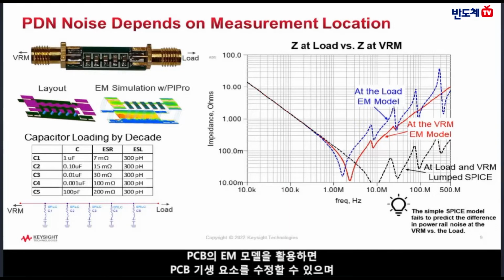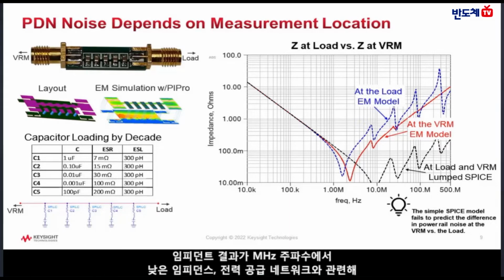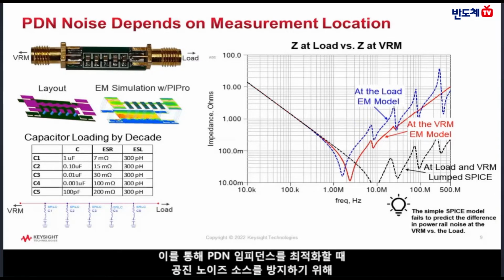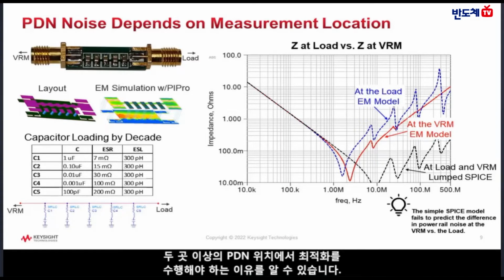The EM model of the PCB gets the PCB parasitics correct and clearly illustrates how far off the impedance results can be for low impedance power delivery networks at megahertz frequencies. This illustrates why optimizing the PDN impedance may require optimization at more than one location on the power delivery network to avoid resonant noise sources.